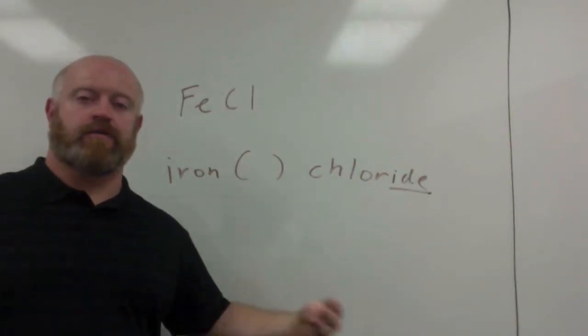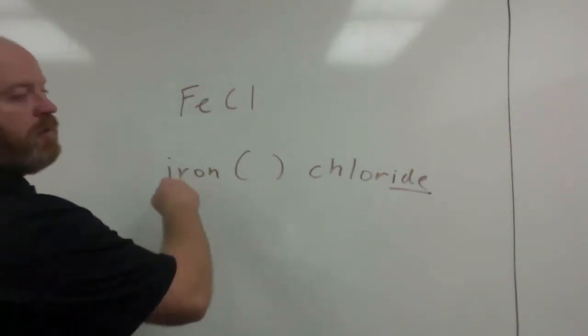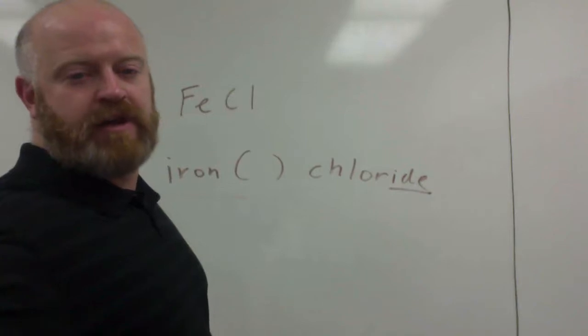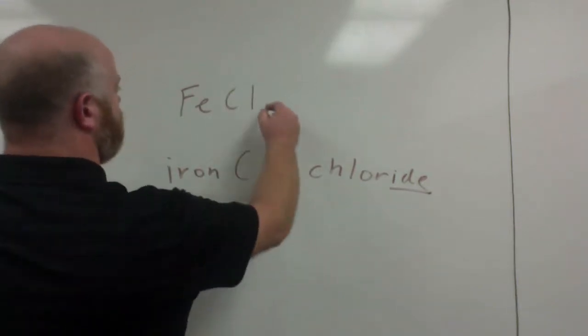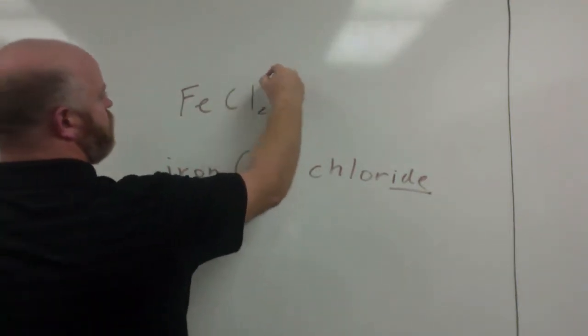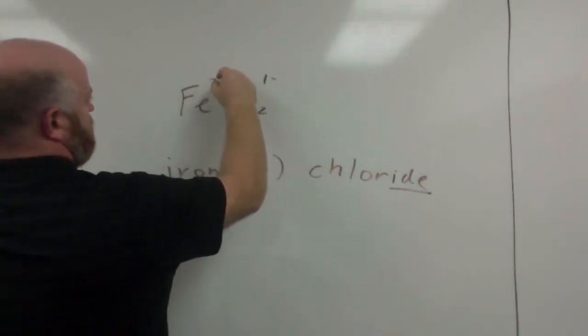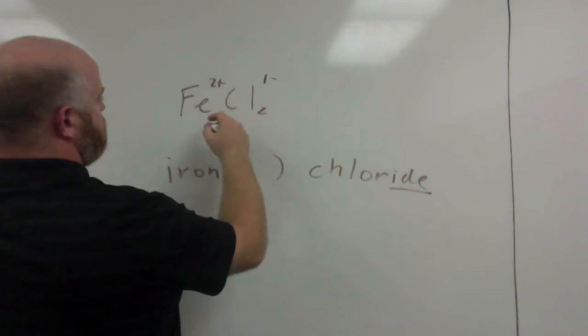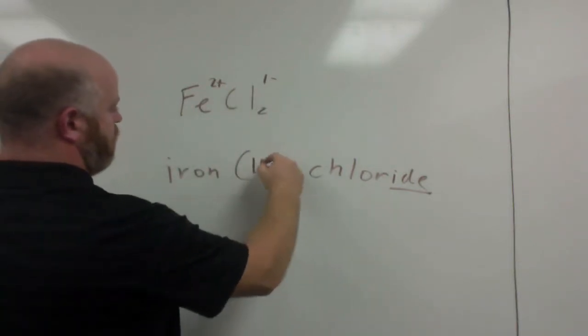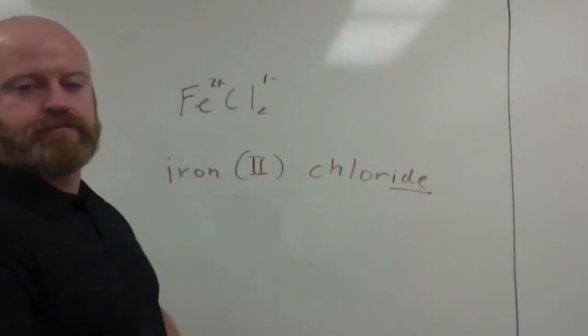Is it iron 2 or is it iron 3? Well, let's take a look. For this example, FeCl2, it takes 2 chlorines, each one's a 1-, which means your iron has to be a 2+ to make this a neutral compound. So this is iron 2 chloride.